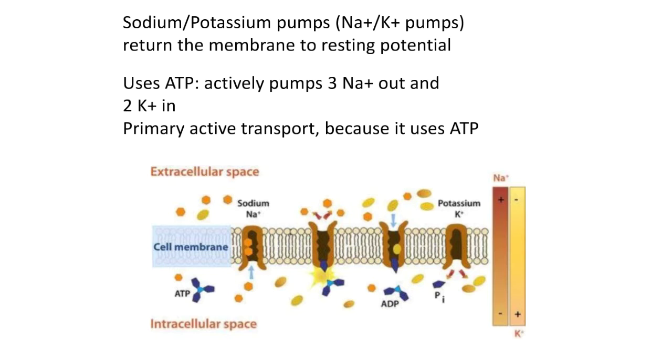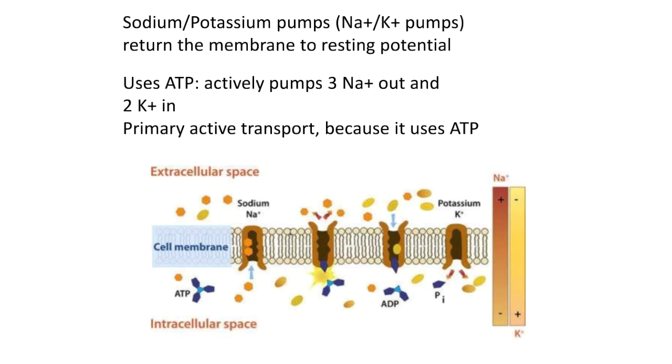It's called a pump because it's using energy in order to open. It actually flips. You can see it crosses the membrane. Sodium will attach to the inside of it from the inside of the cell, because we have extra sodium in there. We want to kick it out of the cell. That's where it started, so we want to put it back.